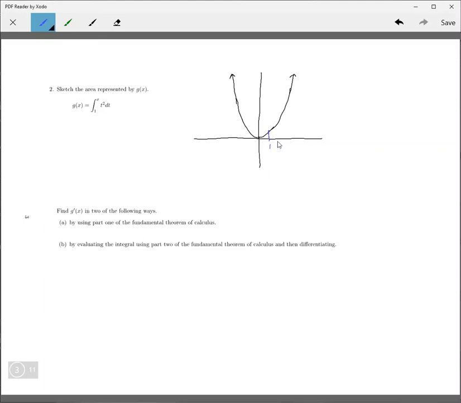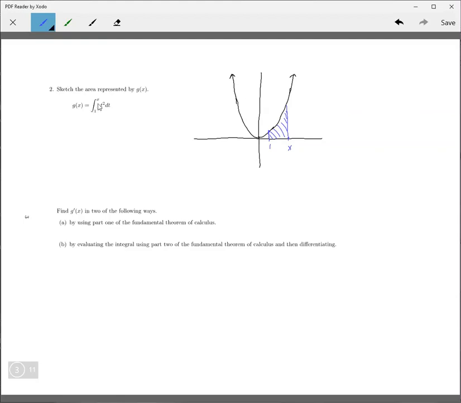We'll draw a vertical line right there. And then x could be something over here, but x is variable, so it could be actually anything. It could be back here too, but let's put it to the right, because you want to go from a lower number to a higher number. So x is a variable, but let's just put it right there, to the right of 1.